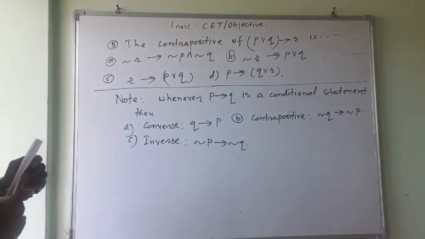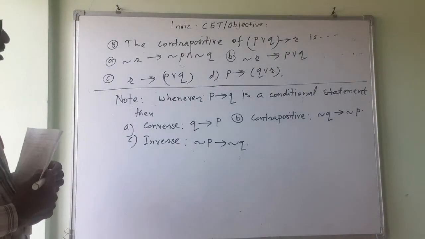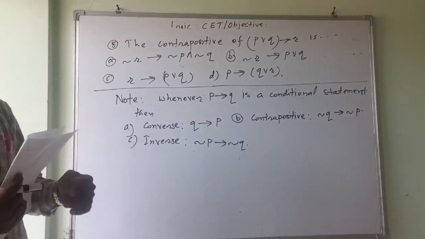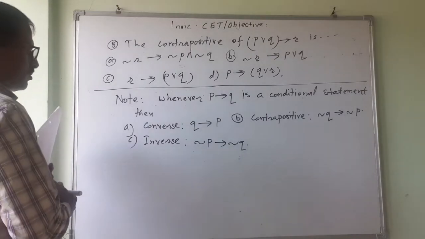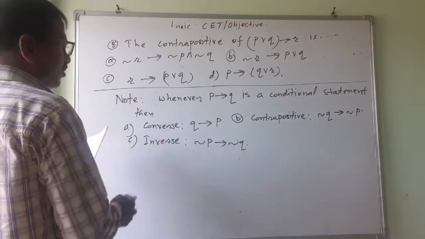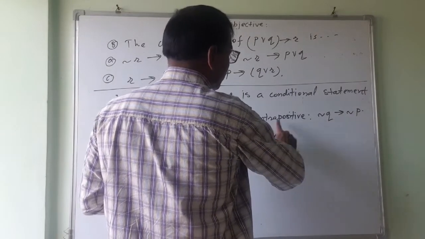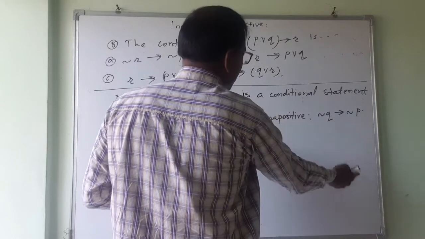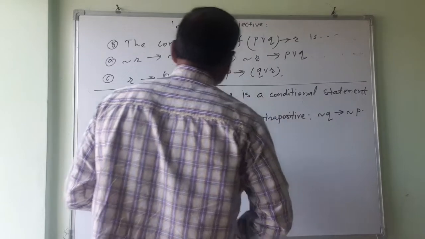This is very essential. Always in the competitive examination, or in the board exam also, this contrapositive comes for 2 marks. What do they want? The contrapositive. Contrapositive means this part I want: after the implication, Q was there. Bring it here, make the negation, and take this part there.